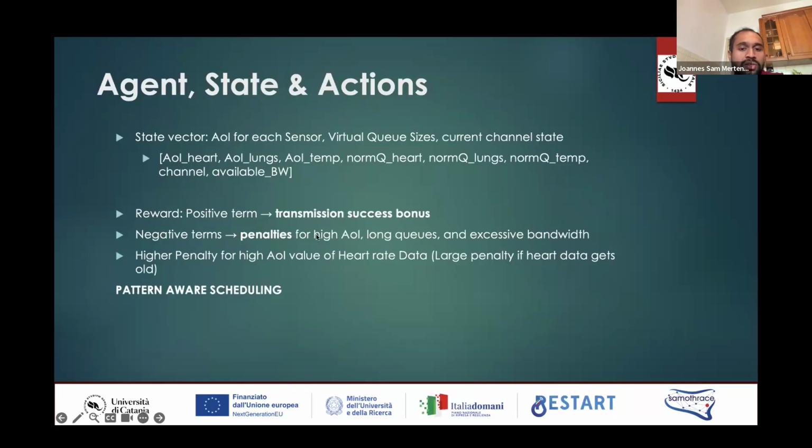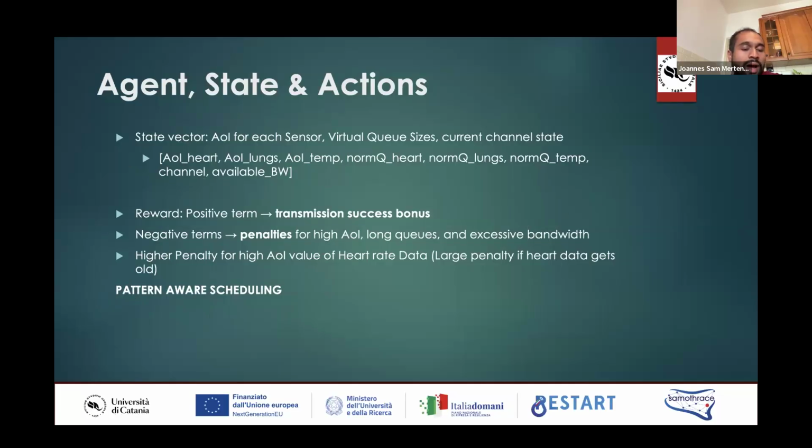Based on that, we allocate the reward. If there is a high age of information value, we give penalties, meaning negative values. If there is excessive bandwidth consumption, we give penalties. In the other case, we give positive reward values. Apart from the age of information and bandwidth values, we are also planning to consider the patterns. Sometimes the heart pattern might be abnormal.